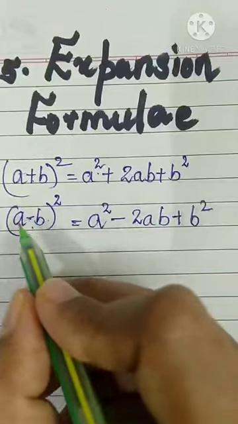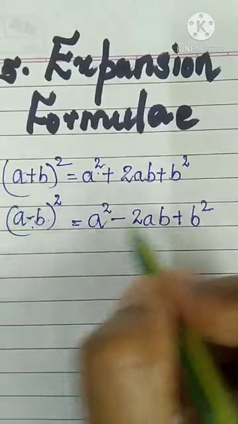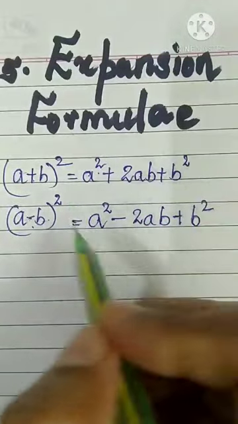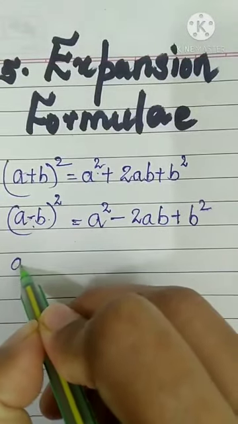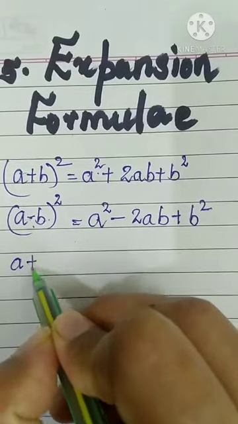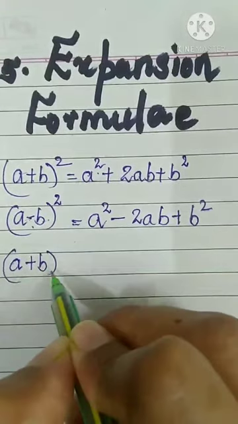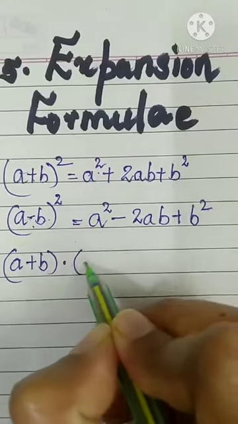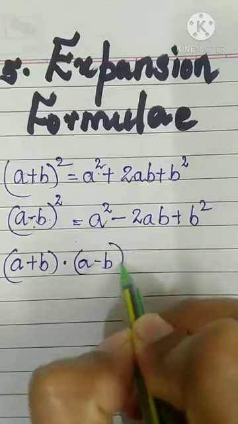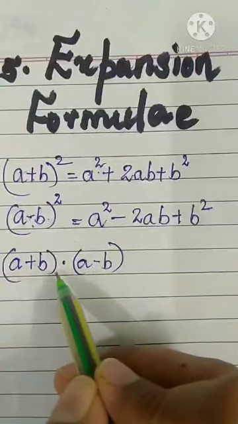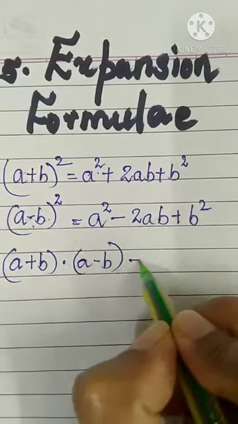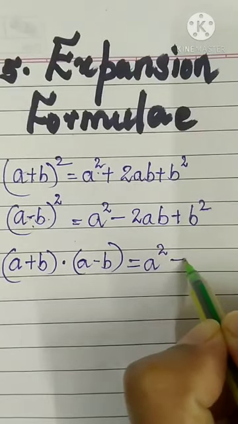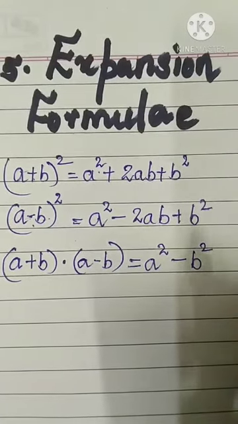In the coming days, we will be doing more formulas, so there you will get a better idea. For the time being, you know about these formulas. Then we have the next very interesting formula: if you have addition between two terms, multiplied by (this dot means multiplication) subtraction between two terms, a plus b into a minus b is equal to a square minus b square.